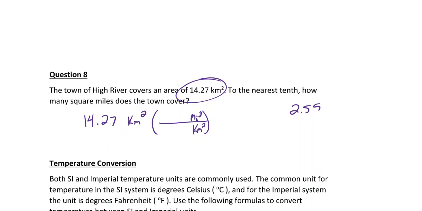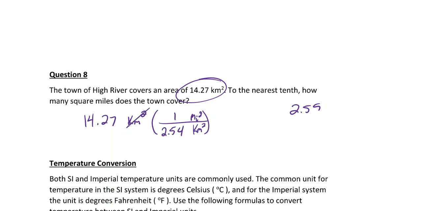And remember that these are just the units. With miles squared and kilometers squared, I'm not squaring anything. I'm not going to square these numbers when I do this. Those are just the units. Okay, so then we said that there were 2.54 kilometers squared in 1 mile squared.